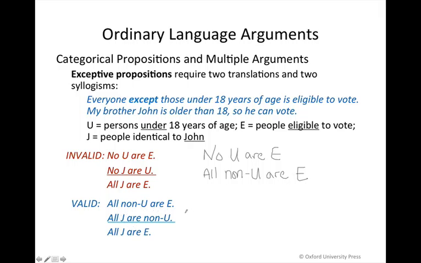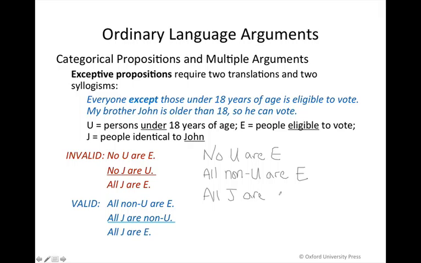We also know that all persons identical to John are persons older than age 18. So what do we need to do?